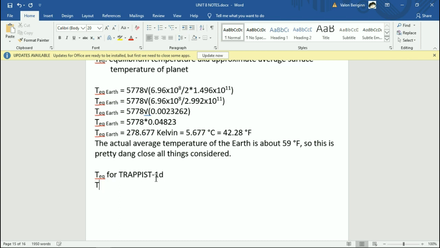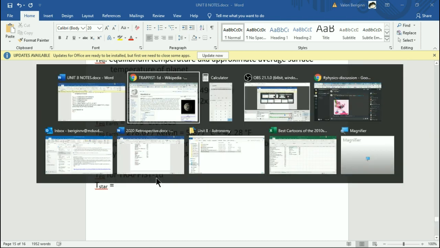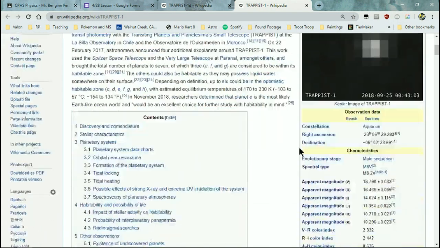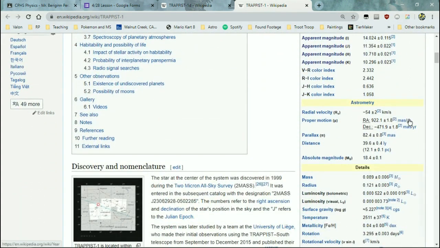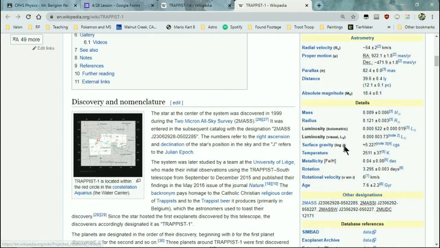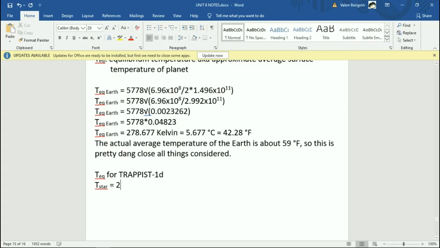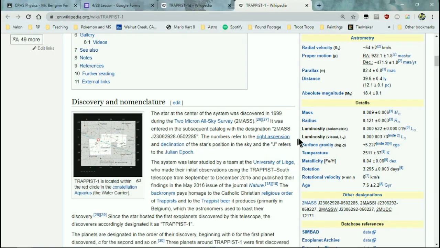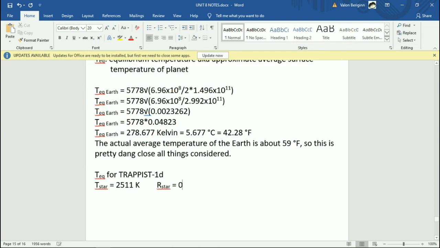We need the temperature of the star, which is 2,511 Kelvin. Then we want the radius of the star. It's 0.121 times the radius of the sun.